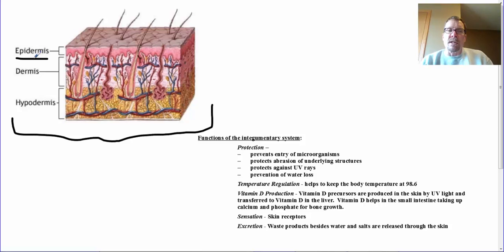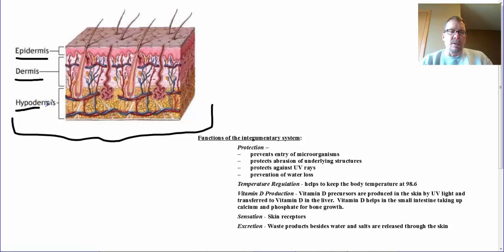It starts with this protective layer of stratified squamous epithelium, and then below that is the dermal layer, which is actually two layers of connective tissue. There is a papillary layer right underneath, a smaller one, that is loose areolar connective tissue, and then there is a larger reticular area that is dense irregular connective tissue.